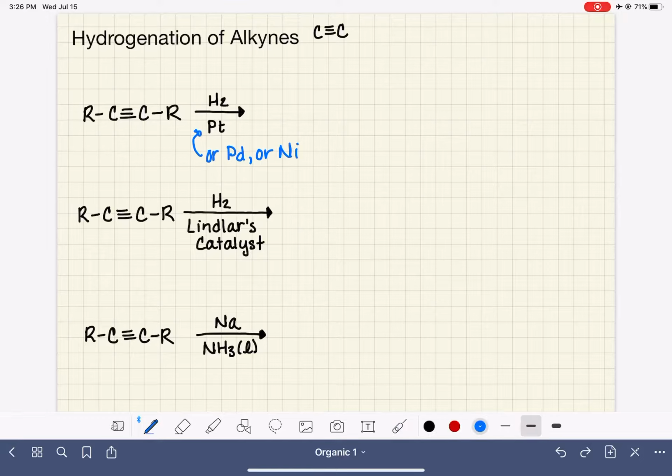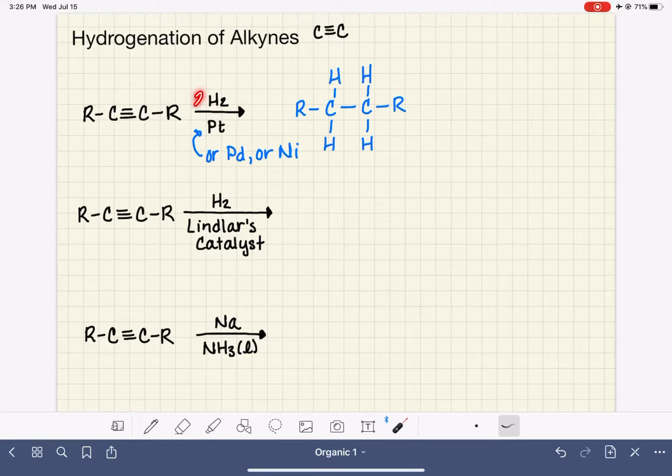This reaction completely reduces the carbon-carbon triple bond all the way down to a carbon-carbon single bond. So the product of this reaction will have a carbon-carbon single bond and the addition of 4 total hydrogen atoms, which, if you're paying attention to the stoichiometry, means that we are not reacting each alkyne with one H2 molecule.